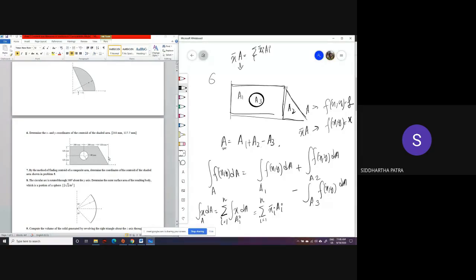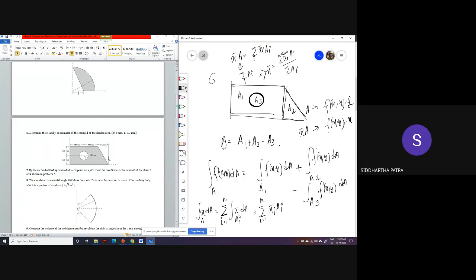And this A also is summation over i of Ai, assuming all are positive quantities, all areas are additions. If something is subtraction, then assume this dA to be negative, or that corresponding Ai to be negative. Therefore x bar is summation over x bar i Ai divided by summation over Ai.